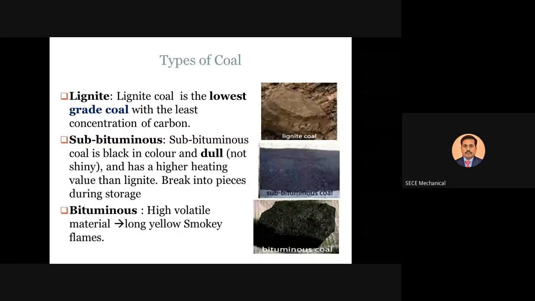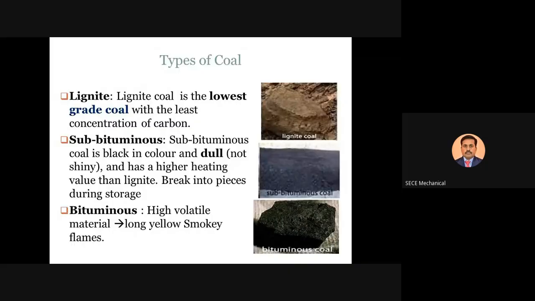It has more carbon concentration compared with subbituminous and lignite. But most of the time bituminous coal may not be used because it gives yellow smoky flames. That's why we move to another type of coal.